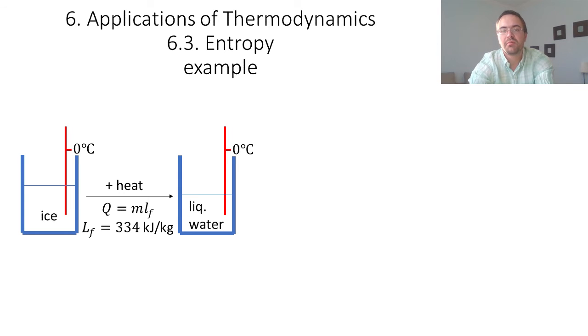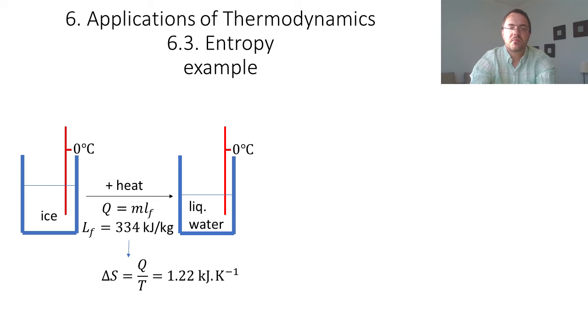So here, we will use the latent heat of fusion. And what is the change of entropy? So this process is isothermal. So delta S is simply given by Q over T. And assuming that we have 1 kilogram of ice, for example, then it would be 1.22 kilojoule per Kelvin.